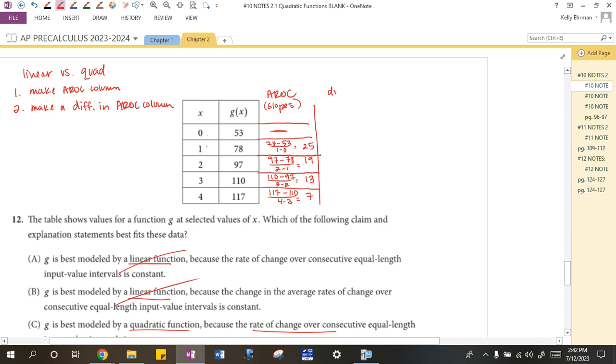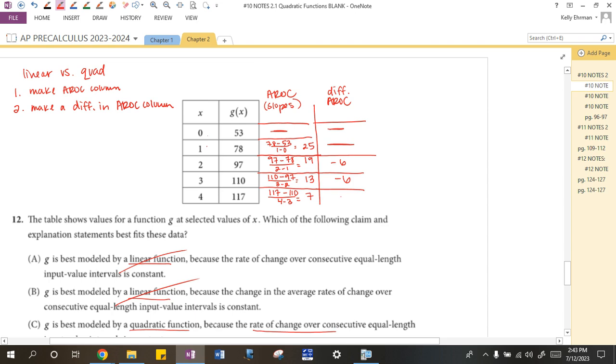But what's the difference in the average rate of change? Nothing to subtract there. 25 minus nothing, can't do anything there. What's 19 minus 25? Or what's 25 minus 19, however you want to subtract that? Negative 6. What's 13 minus 19? Negative 6.